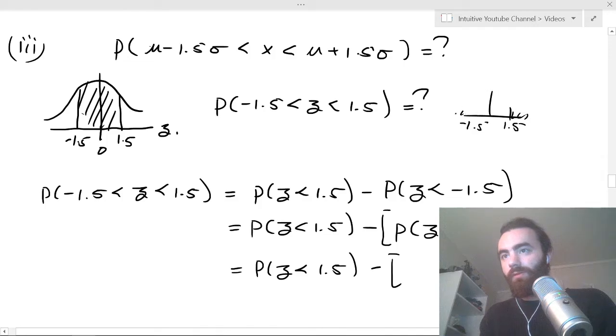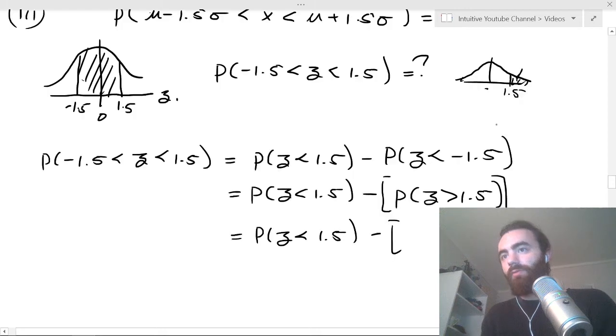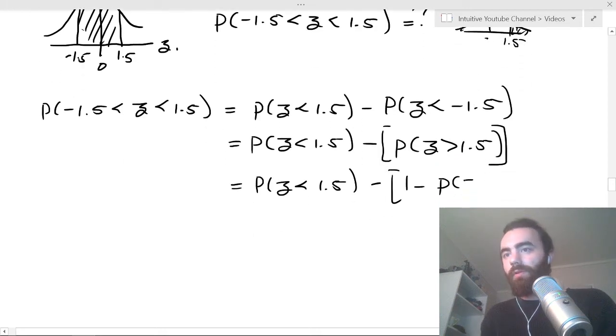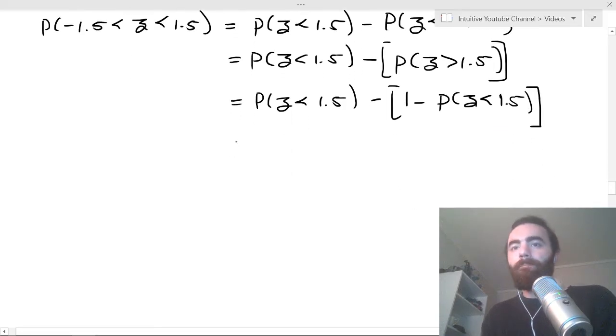So I'm going to find this area as 1 minus the probability that z is less than 1.5, so all this area. And we can find these values from the table.